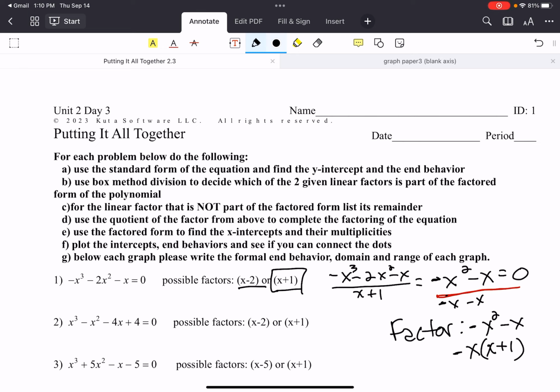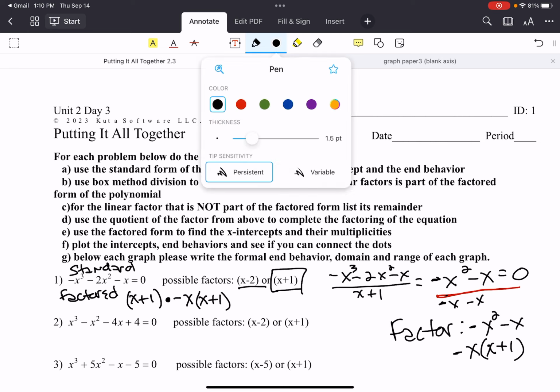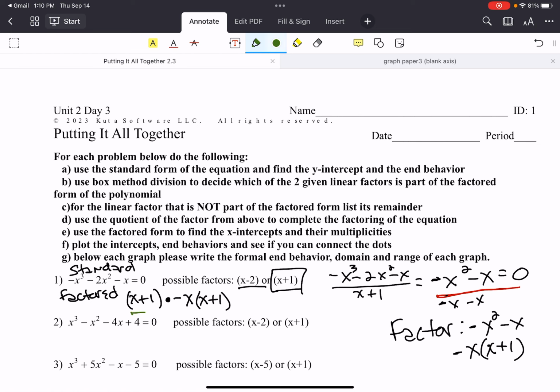So now I have the standard form that was given, and you guys actually just factored your first cubic. My factored form would be x plus 1 times negative x times x plus 1. Okay? The one that you divided out evenly first, and then the 2 pieces that formed that quadratic quotient.